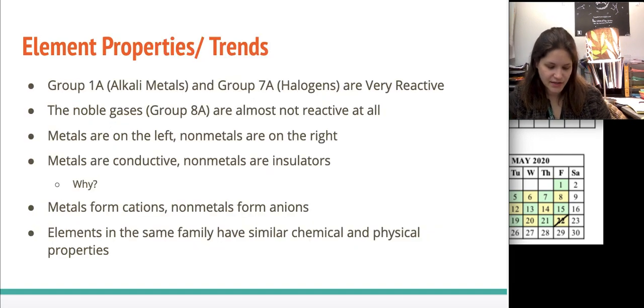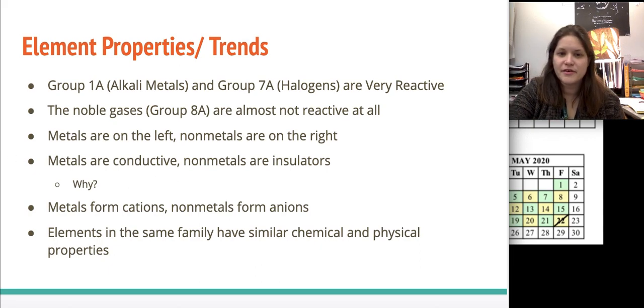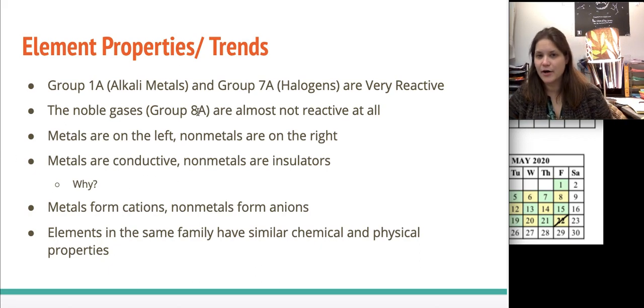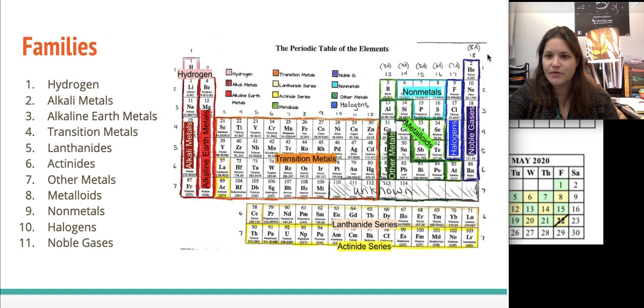Okay, the next one is, why are the noble gases, group 8A, almost not reactive at all? Well, remember, the group number tells us how many valence electrons that element has. And so all of the elements over here in the noble gases in group 8A all have 8 valence electrons.